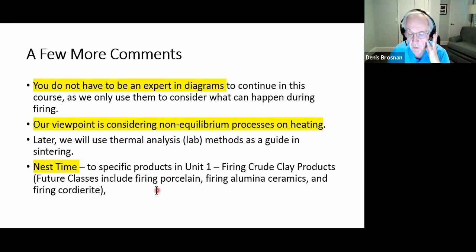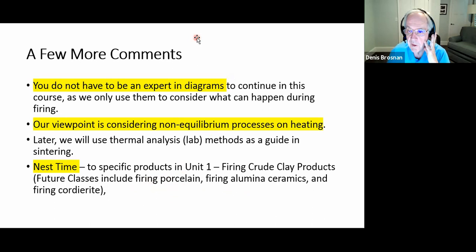We're going to go forward and talk about ceramics using very high or higher purity minerals like feldspar and ground sand, or potter's flint it's sometimes called, and clay. Each has a function in the composition. We're going to talk about firing alumina ceramics or porcelains, alumina porcelains, and we're going to get to firing cordierite. So that's where we're going in the course.